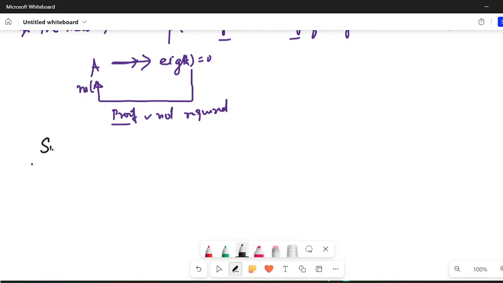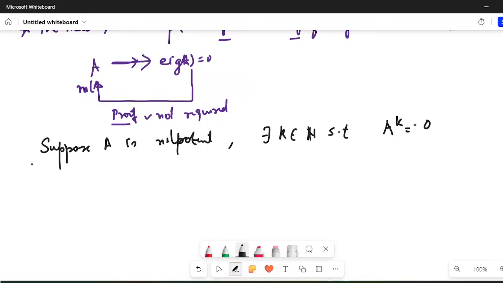So suppose A is a nilpotent matrix. What does it imply? It implies there would exist certainly some k belonging to the natural numbers such that A raised to power k is equal to the null matrix, and let lambda be the eigenvalue of A. Now I can simply write that Ax equals lambda x, isn't it?